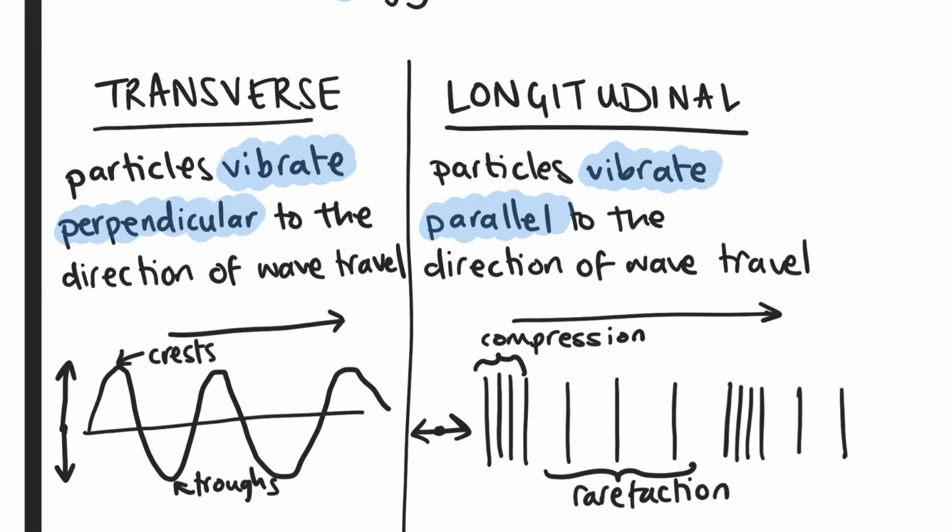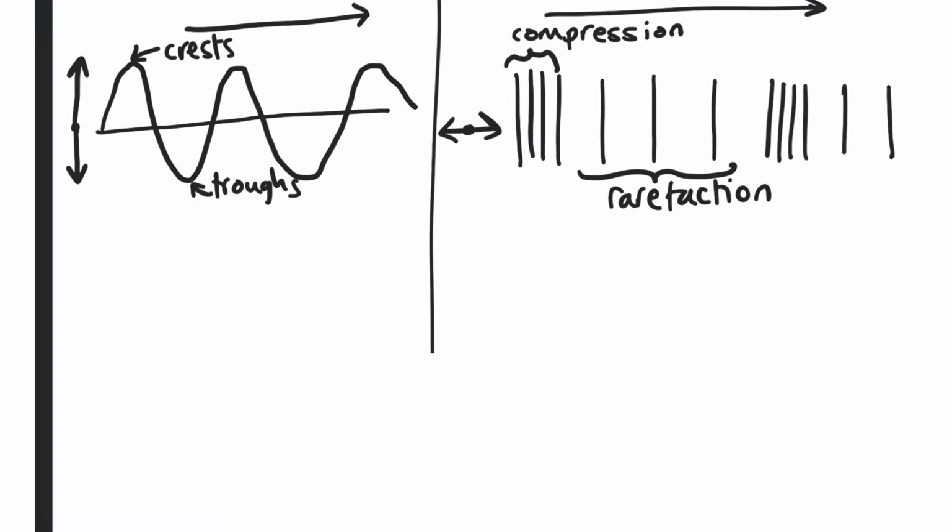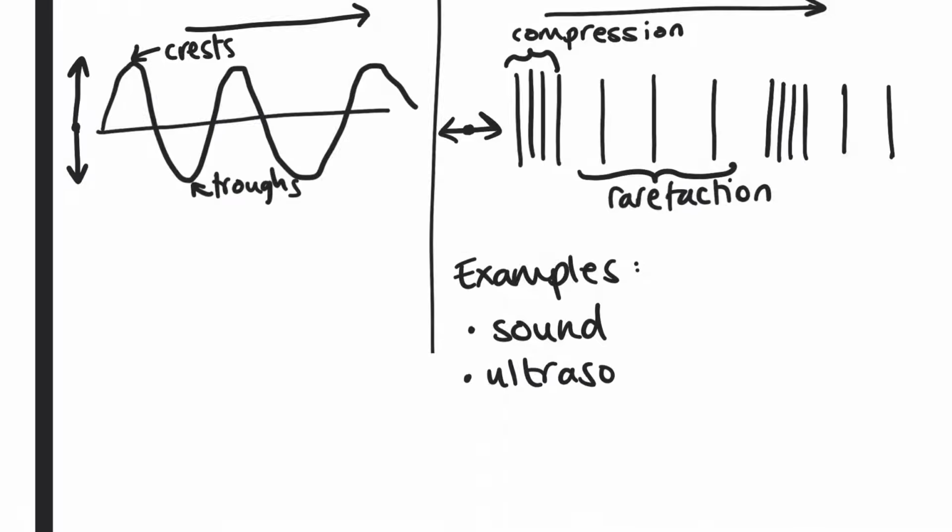Now we need to be able to give some examples of transverse waves and longitudinal waves. For a longitudinal wave, there are two examples really that we would be using at GCSE. Those examples are sound and ultrasound.